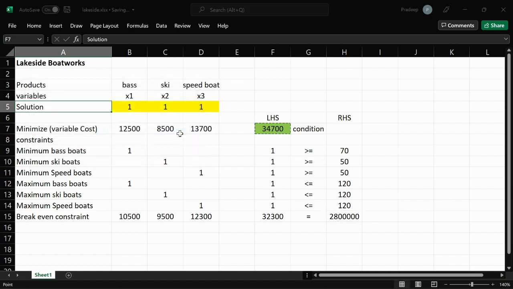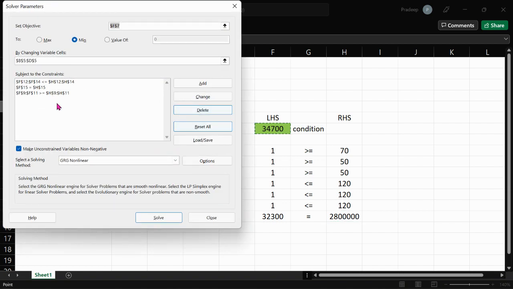Now I can cancel this. So I have all the constraints defined. Of course the order doesn't matter. Now I select simplex linear programming and make unconstrained variables non-negative.